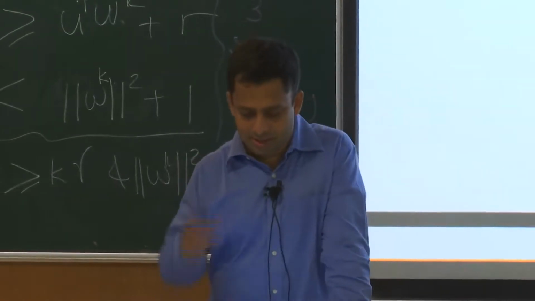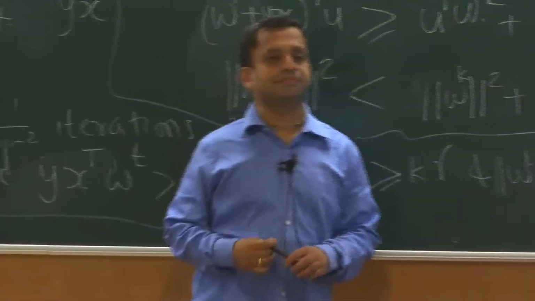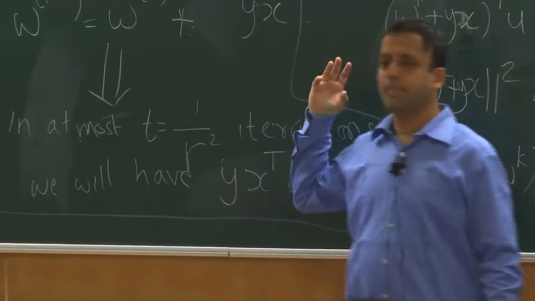Right. So what exactly is the perceptron update rule optimizing? What is this step optimizing?